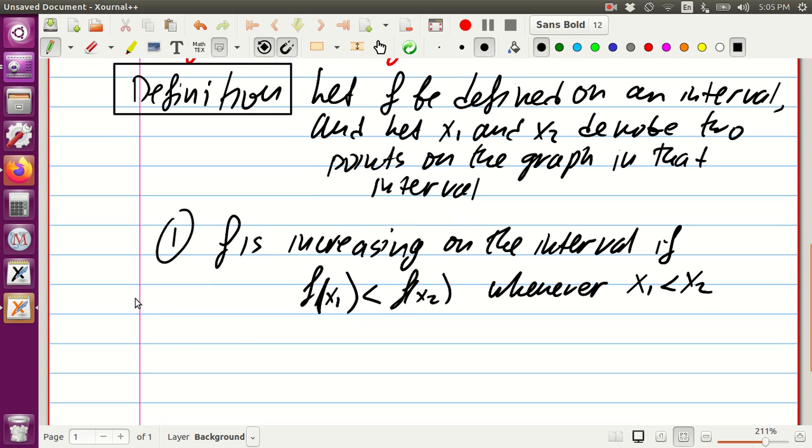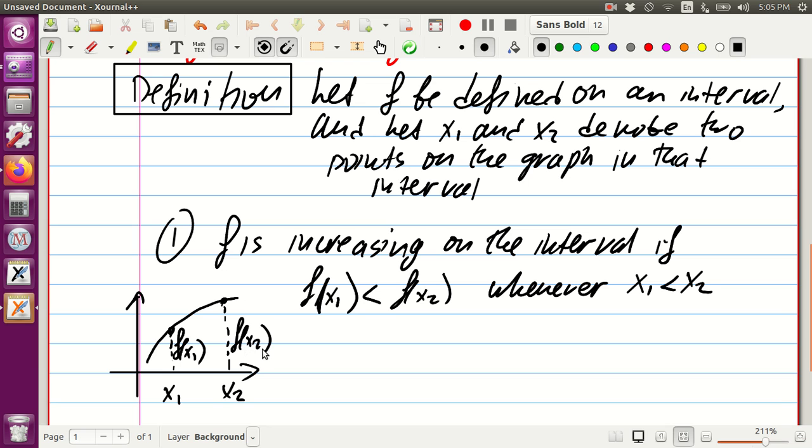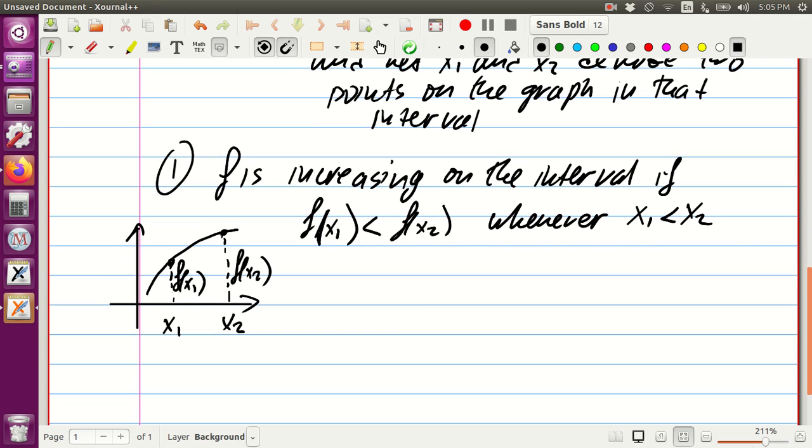Picture-wise, we have something like this. We have an increasing function, and if we take x1 on the left side of x2, then this height, which is f of x1, and this height, which is f of x2, so f of x2 is bigger than f of x1.